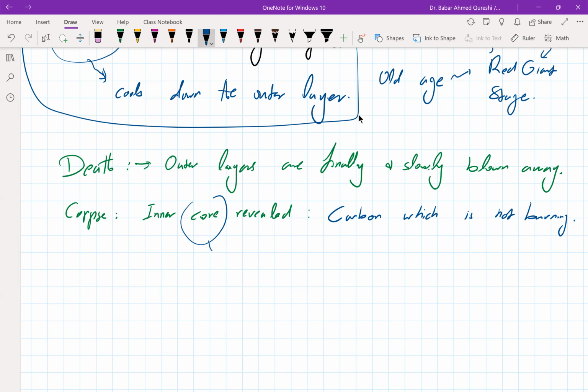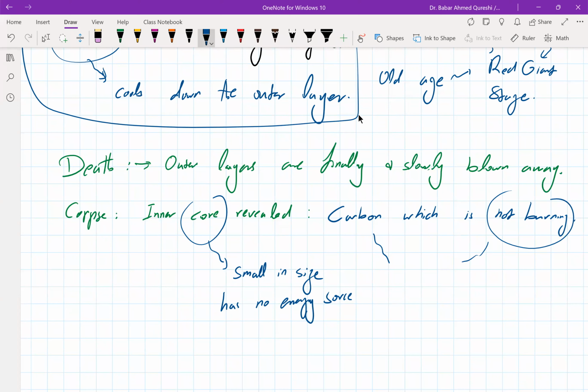Since it's the core, it's small in size, has no energy source, because it's not burning, and it's made up of carbon.